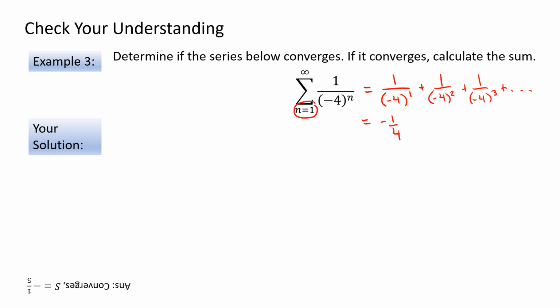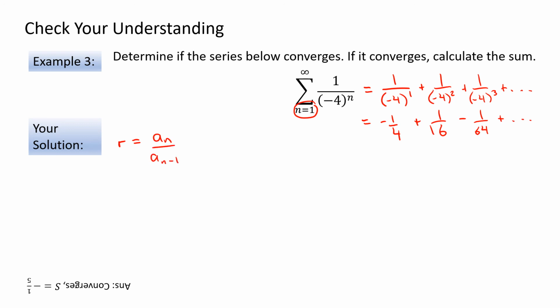Our second one, -4 squared is positive 16, so we'd have plus 1 over 16. -4 cubed is negative 64, so we'd have minus 1 over 64, and plus the rest of our terms. So to calculate, we start with our ratio. Our ratio in this case would be a to the n divided by a to the n minus 1.